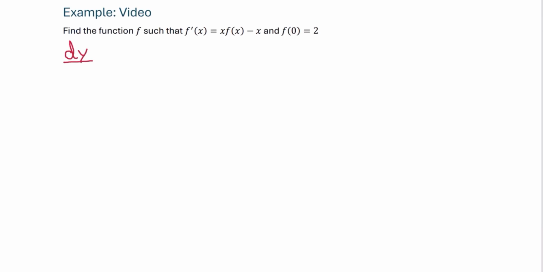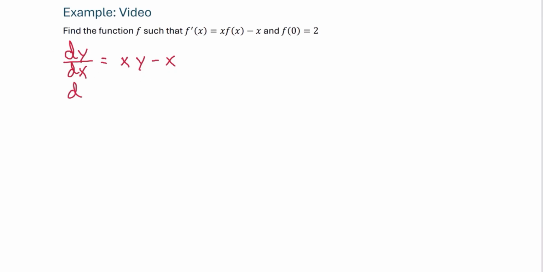F prime we'll rewrite as dy dx. That's equal to x. F of x we can write as y, then minus x. Now our goal is to separate the functions, but in order to do that, we need to do some factoring here to get that y out of that expression.